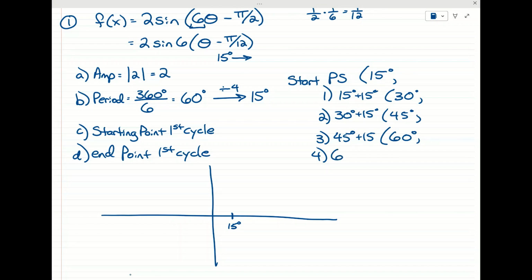And then the next point is 60 plus 15. So you can see we're doing a full period. If we're starting at 15 and adding a full period of 60 to it, that covers a full cycle. So we're going to have 15, 30, 45, 60, and 75.